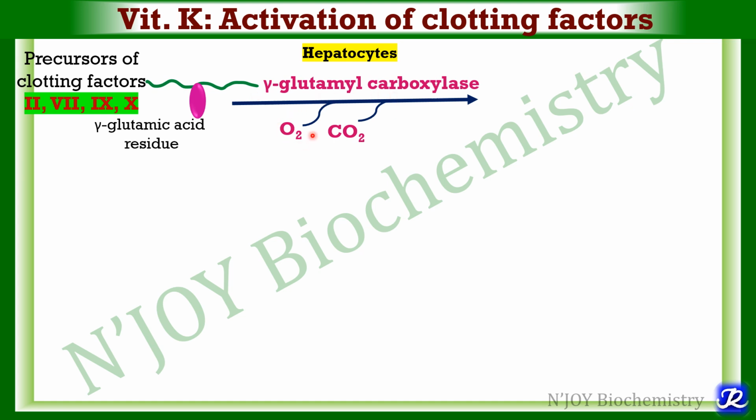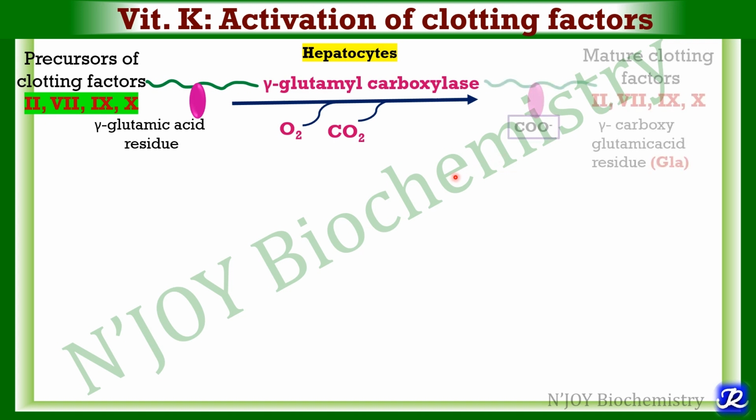This reaction requires molecular oxygen as well as carbon dioxide, and there is formation of mature clotting factors which have a carboxyl group attached to the gamma glutamic acid, and now it becomes gamma carboxyglutamic acid residue, which is also called GLA.